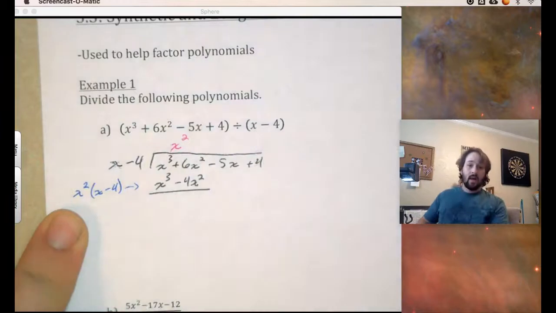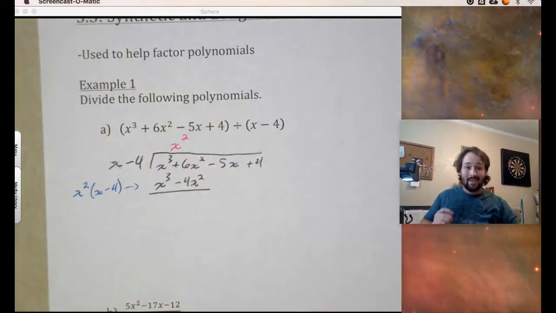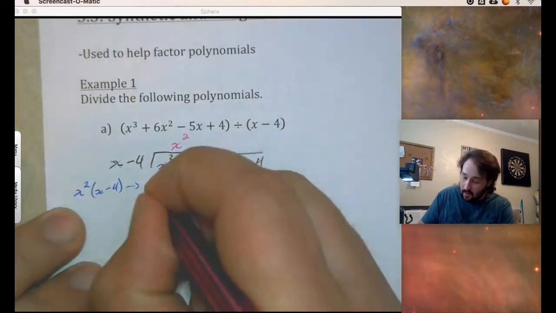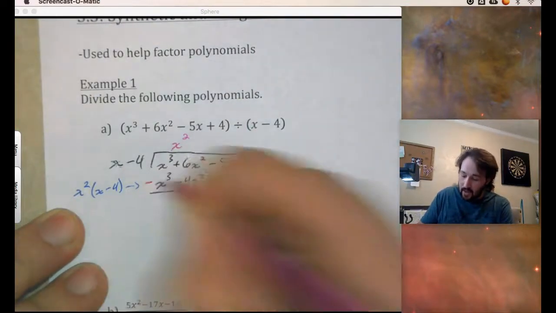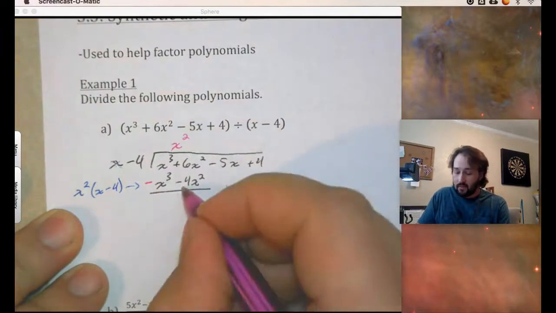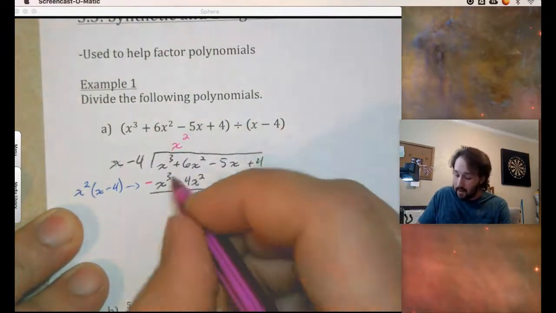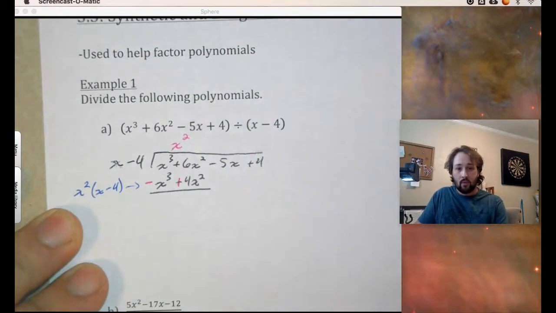Now remember, we have not done the minus yet. So when we subtract this line, if I subtract x to the third, it's now negative x to the third. If I subtract the negative 4x squared, it's now plus 4x squared.